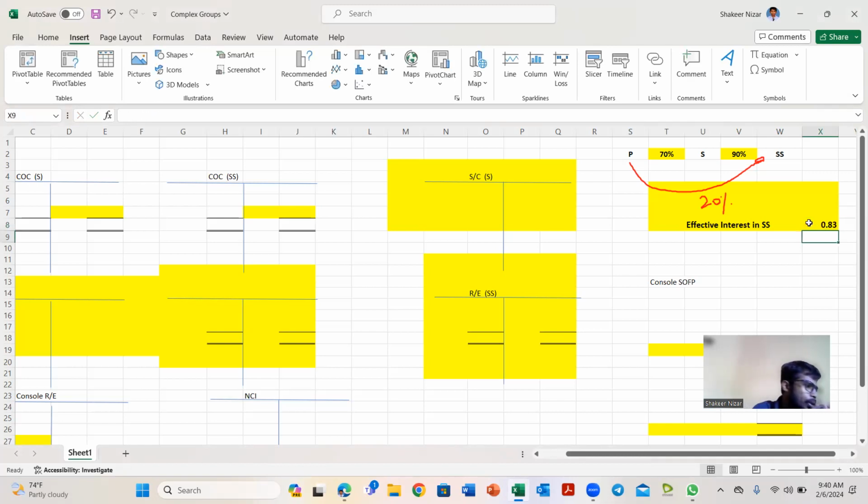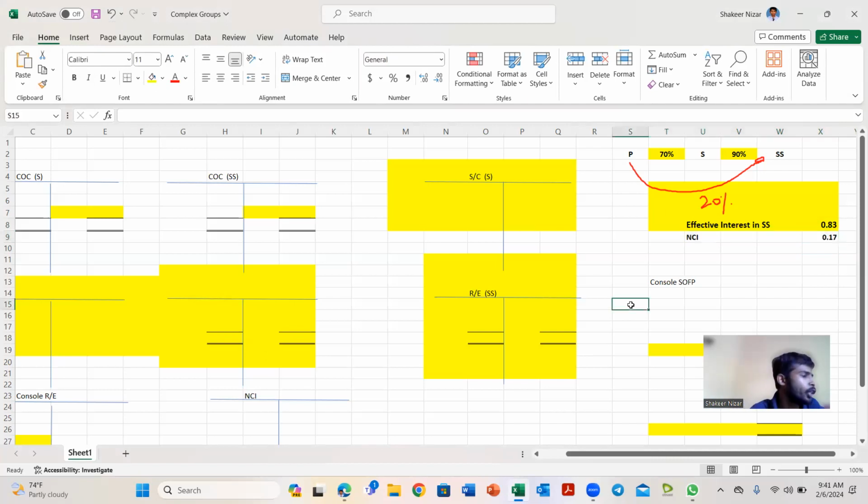That is 83%. And the NCI is 1 minus this, that is 17%. I think that is clear for you all.